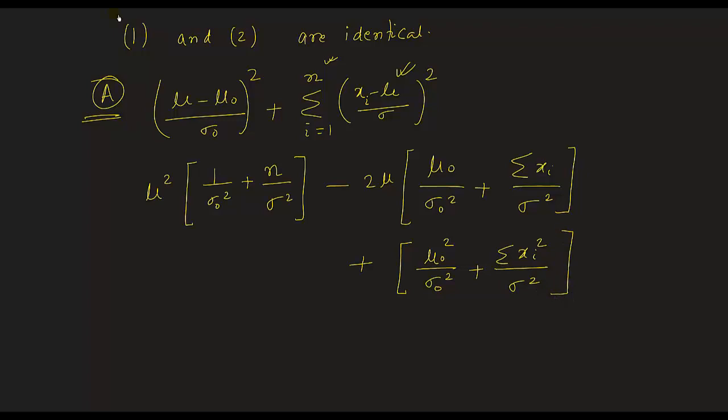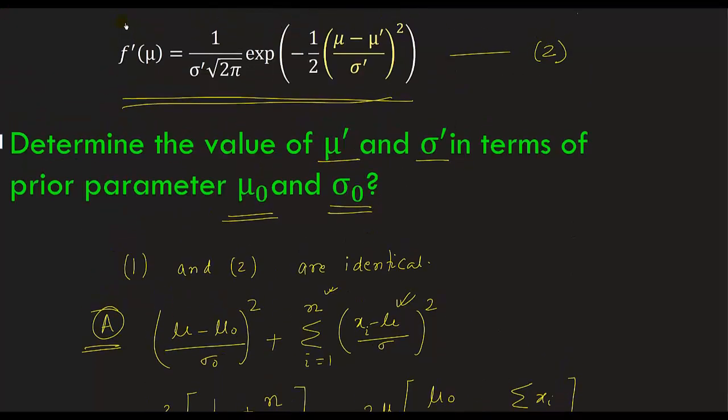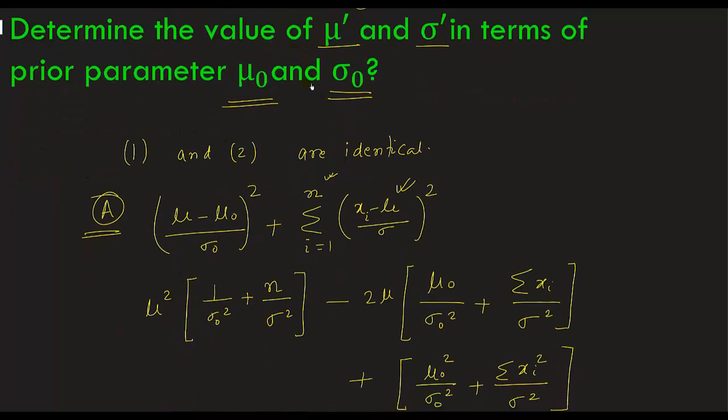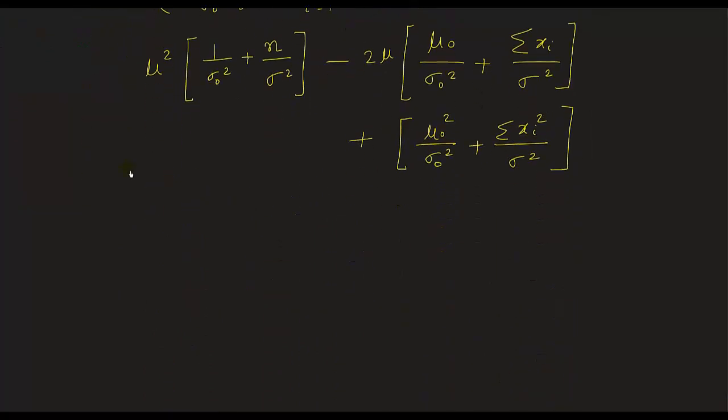Now similarly, the inside quadratic term we can also expand for equation 2. So basically I have to expand this term. Let's call this term b, and then we can expand b. So b is (mu minus mu dash) over sigma dash, squared.